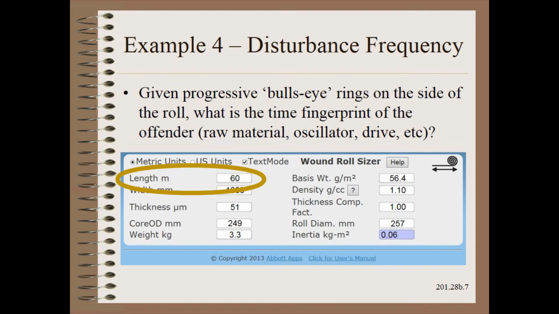In this example, we get 60 meters. We could look for a downweb FFT component of basis weight, thickness, or other measure with a fundamental at 60 meters. Alternatively, we might know that the machine is running at 60 meters per minute, and thus the disturbance frequency is 1 minute. We will let you adapt this tool to troubleshoot your own particular periodic problem.